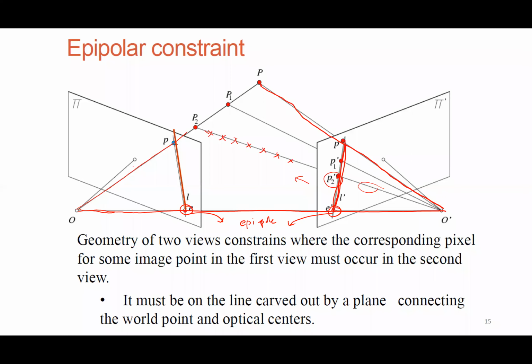And as I mentioned, this point could be somewhere on any of this line, and you would figure out that for this line, all these points should have a match on this line. And these two are called epipolar lines. That's what you could visualize.